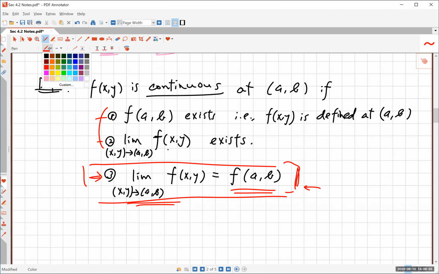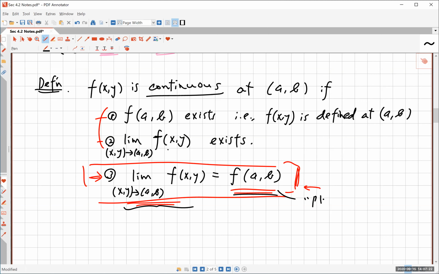And in Calculus 1, you learned a threefold definition with these three components. The first one, the existence of the value of the function at the point, and the existence of the limit at that point, and the fact that they are equal to each other. Okay, so the last one tells you then, what is the limit of f at AB if f is continuous? The answer, f of AB.